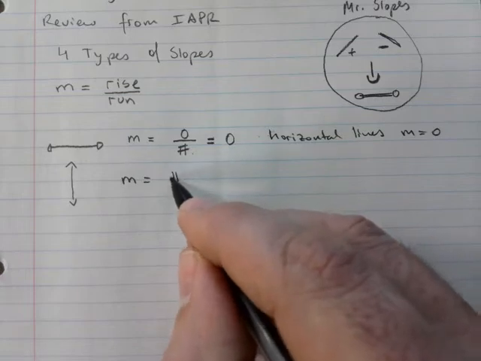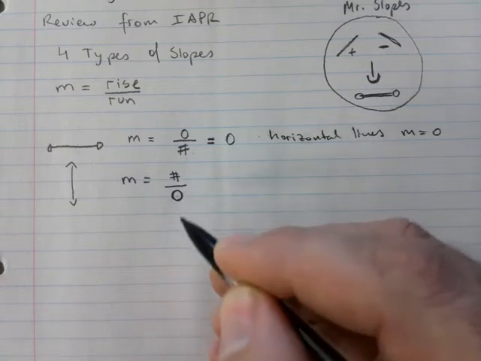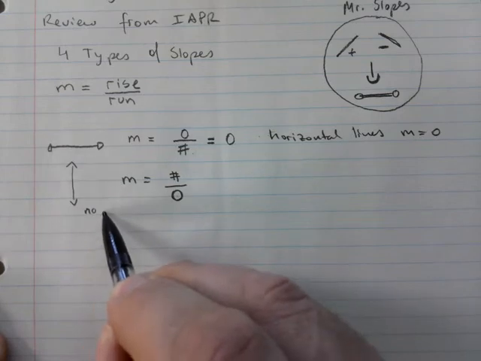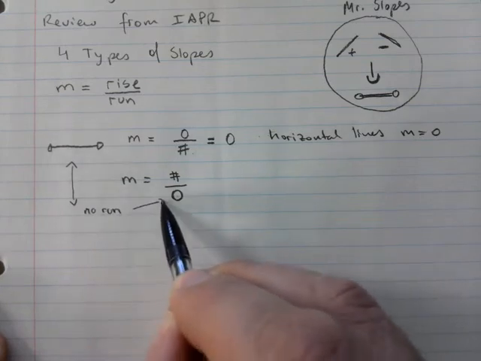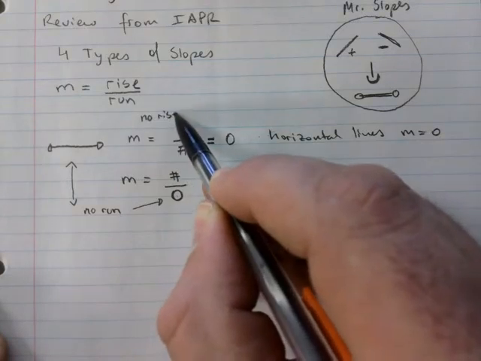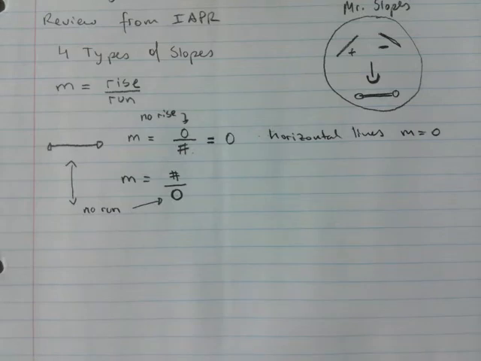This is a number over, the focus is 0, right? Because you're not running. Okay. So no run, right? Therefore, that's there. Let me go up here, no rise. That's why you get that 0 on the top. And so anything divided by 0 is what?